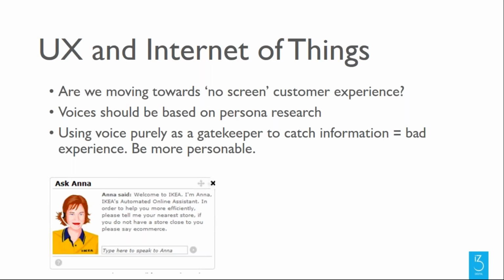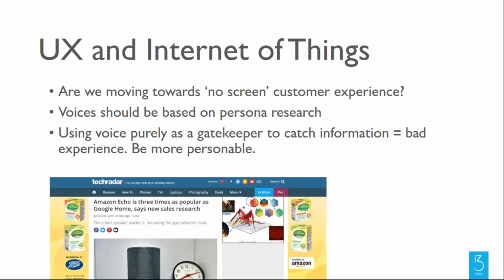I think that's a really interesting angle, actually, because one of the big criticisms of online help and chatbots like Ask Anna is that they start by asking you for information, whereas actually the user's problem can often be anything. Which, again, going back to your point about Echo versus Google Home, 3 times more popular, and probably a large part of the reason for that is because, like you say, it's very personal.